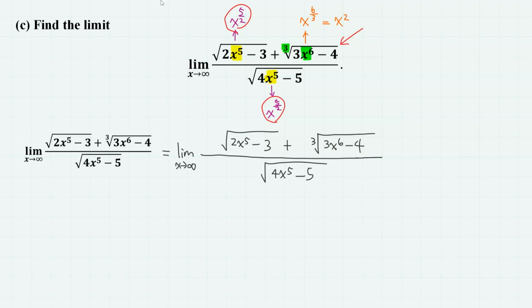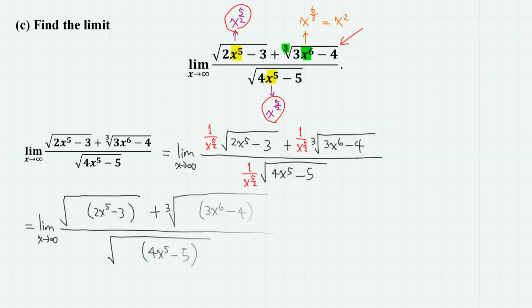Therefore, dividing both numerator and denominator with x to the power of 5 over 2, we have, inside the square roots, 1 over x to the power of 5, the squared term. But inside the cube root, we have this term cubed, so we have 1 over x to the power of 15 over 2.